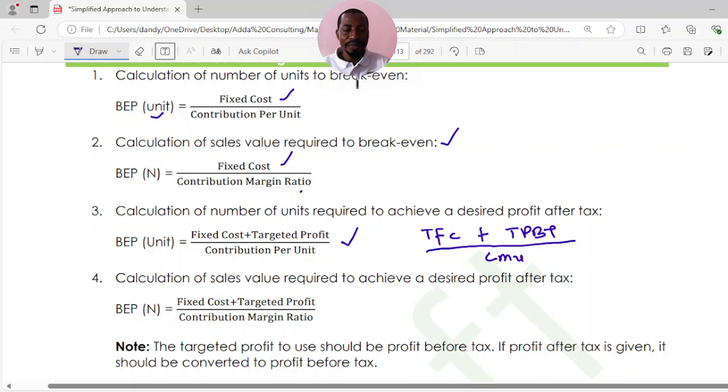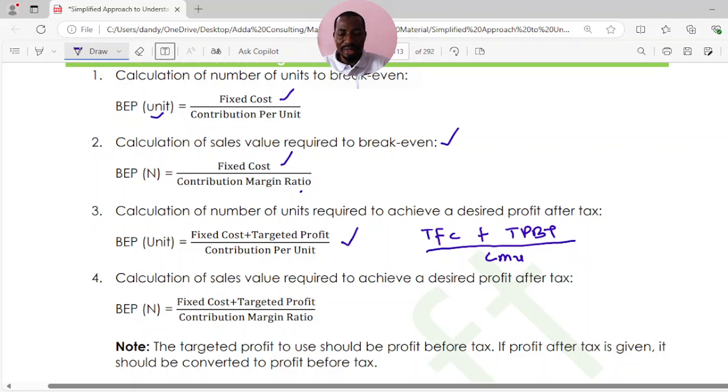You notice that anytime you want to compute break-even point in units, the denominator is contribution per unit. Anytime you want to compute break-even point in naira, the denominator is contribution margin ratio. Watch out for that.